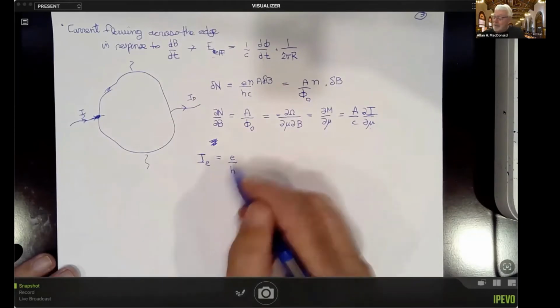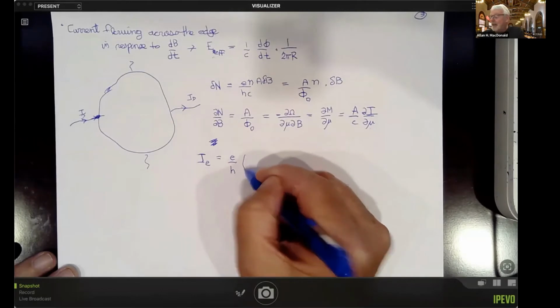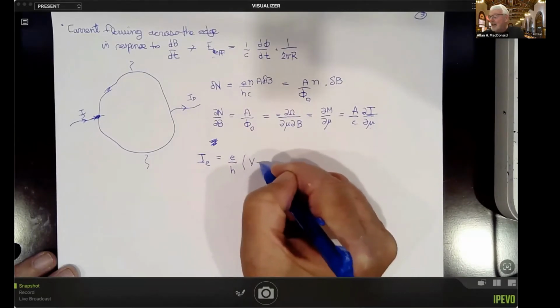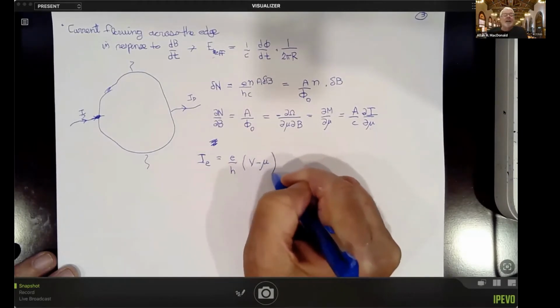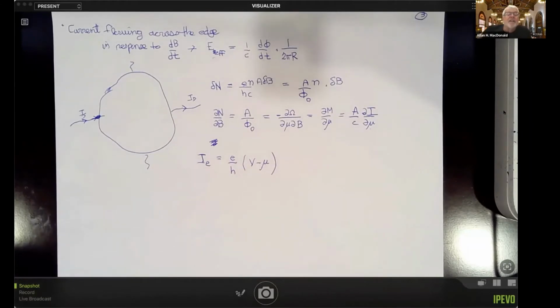So it depends on both, and if you put in the signs correctly, of course, it can only depend on the difference of these two quantities.